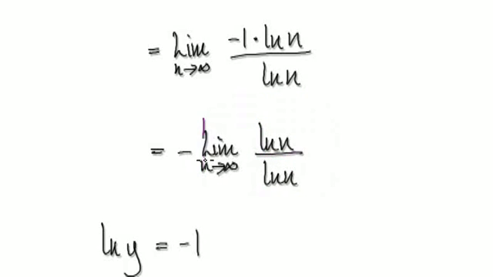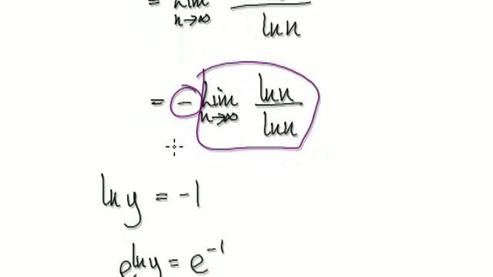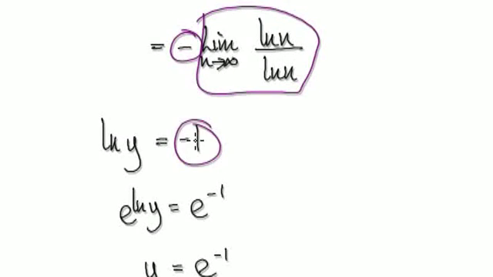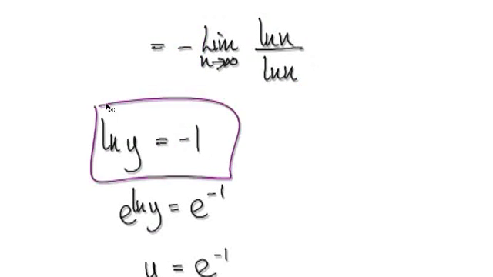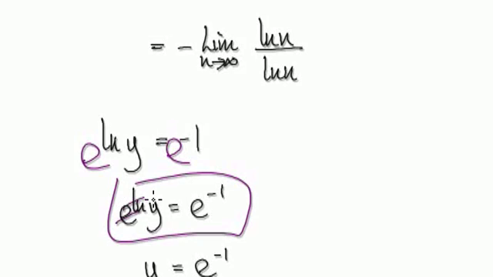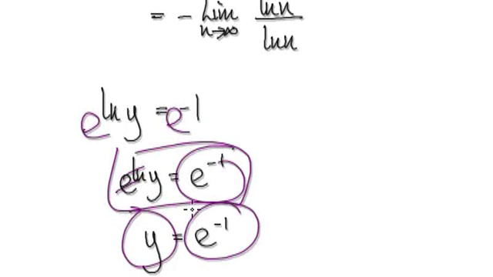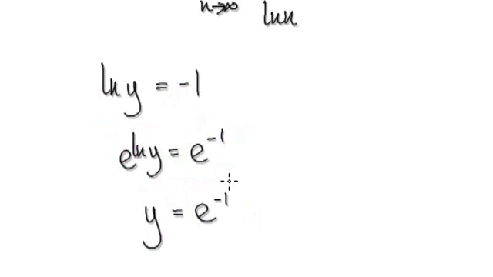This thing here is going to head towards 1. This whole thing is heading towards 1. You've got a negative here, so it's negative 1. So now that we're here, exponentiate both sides. So e to this side will give you this. These two cancel out, giving you y, and this. Well, the limit is e to the power of minus 1.